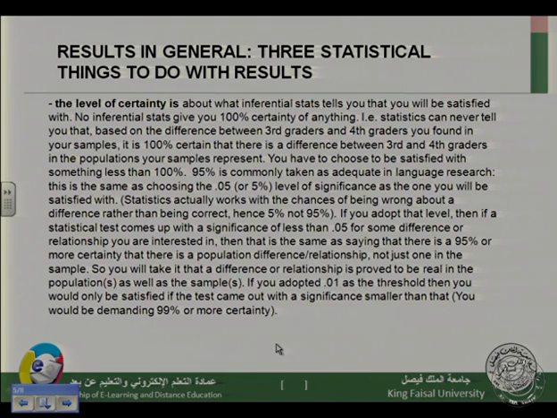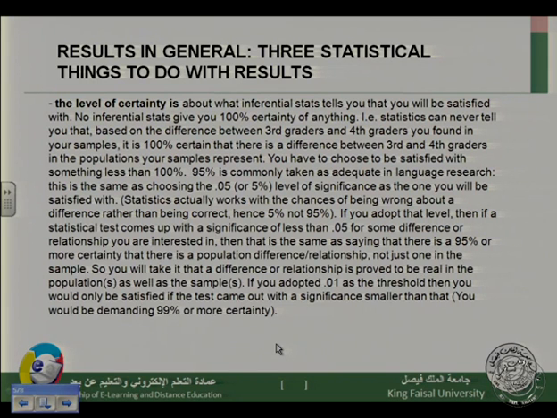No inferential statistics give you 100% certainty. After we do research, we cannot be 100% certain that these results are perfect. No, you should have some margin of error, and this is calculated to be 5% at least in your research.